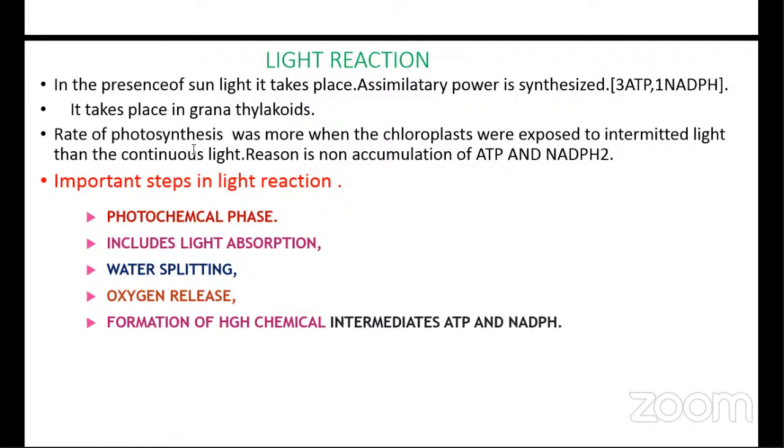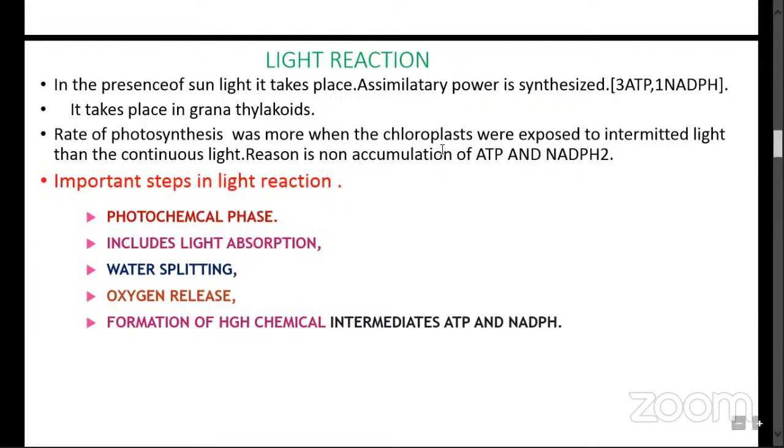And the reason behind that is non-accumulation of ATP and NADPH2. Continuous flow means continuous utilization of assimilatory power, and that results in a normal increase of photosynthesis, but not an extreme increase.